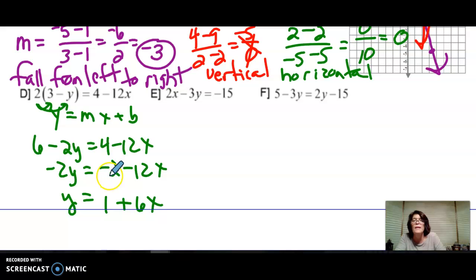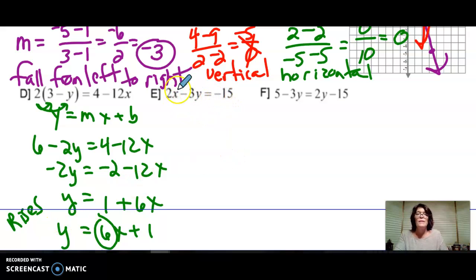Divide negative 2 by negative 2, divide negative 12 by negative 2. So I have y equals 6x plus 1. Now I know the slope is 6, which is positive, so it rises from left to right.